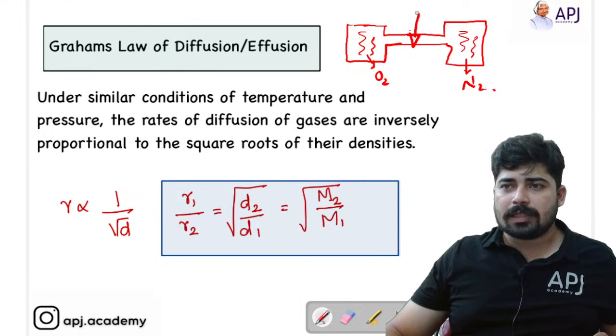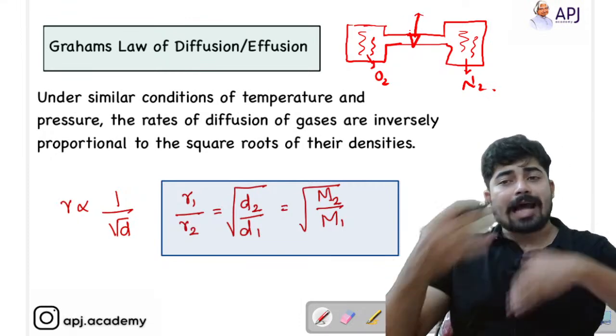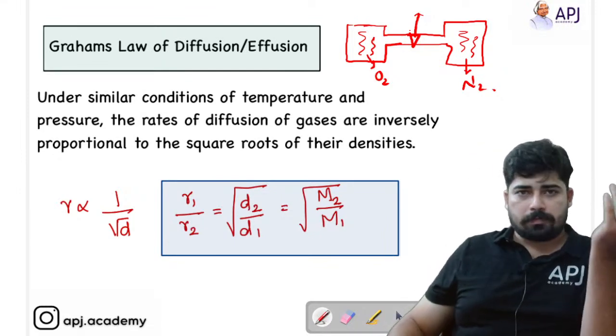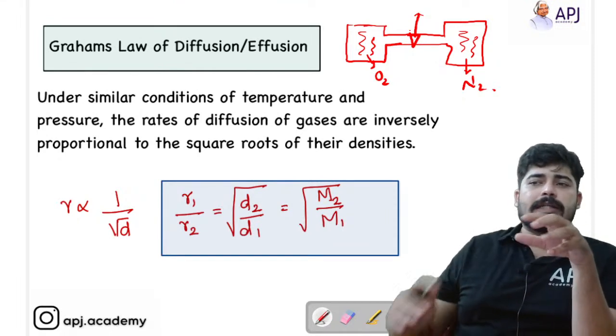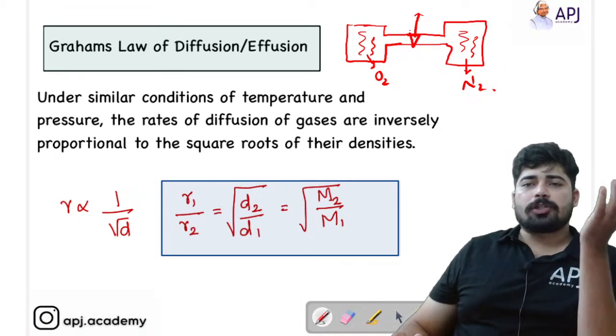If I remove the stopper, the gas will get mixed up, and that mixing of gas is called diffusion or effusion. Okay, the mixing of gas or the speed with which they intermix is called diffusion or effusion.